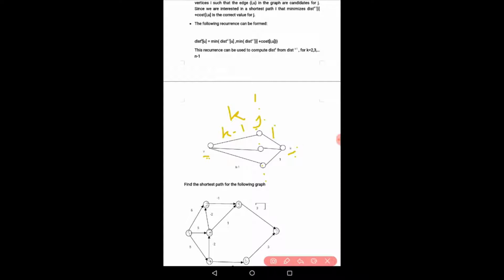From V to J it is the distance using K-1 edges. Here it is using the distance J to U. So this distance should be minimum. So this can be expressed using a recurrence formula. That recurrence formula is this one, dist K of U. Dist K of U means distance from the source vertex V to U using K edges.